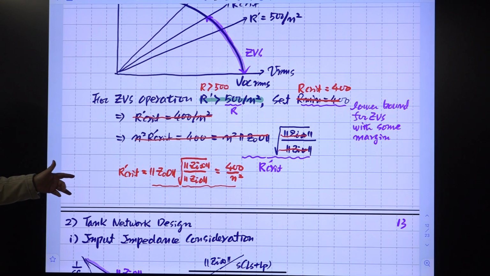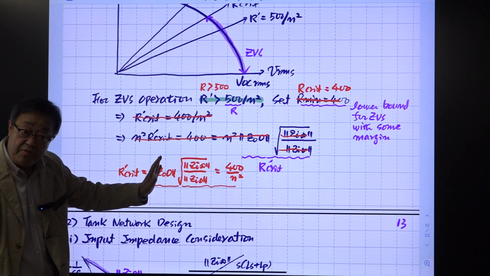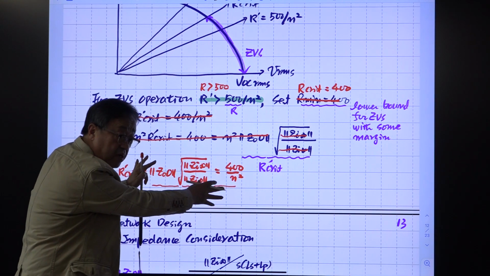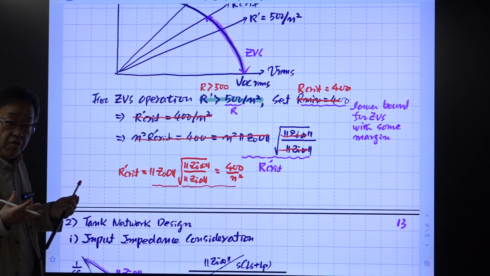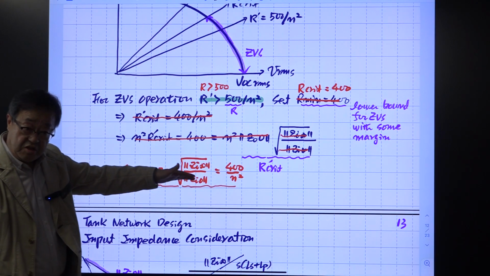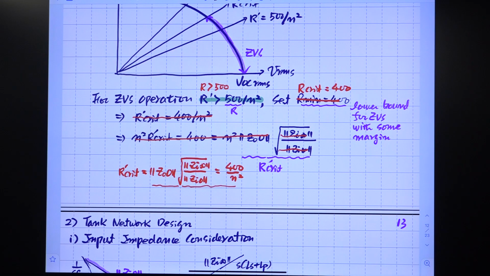Suppose you select this number inside of the square root sign 5, then this product of these two things is determined. Then later on, with some other constraint or design consideration, you select this n, right? Then this is determined. Then all the circuit components will be determined based on that. So that is the reason why we are doing this.